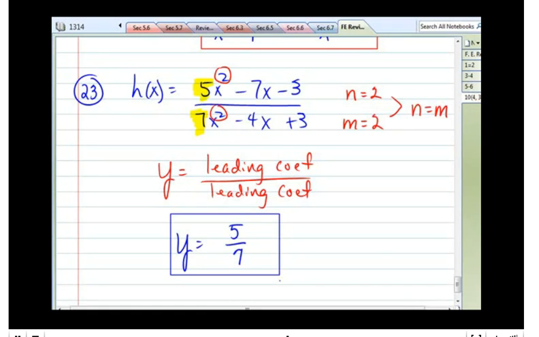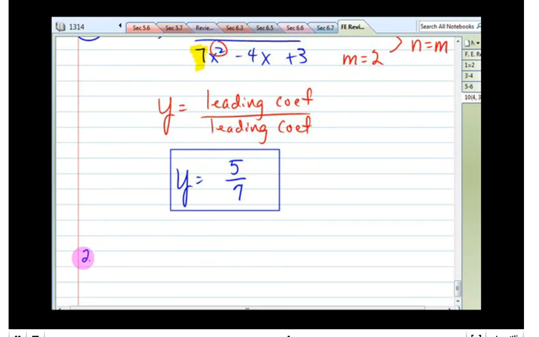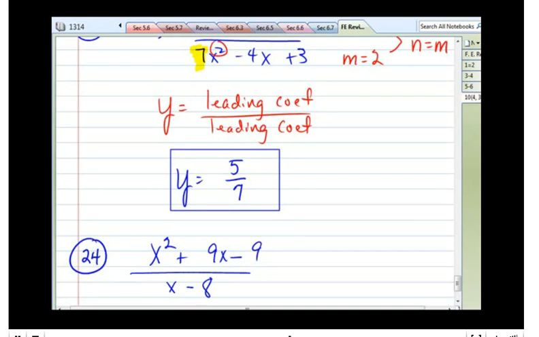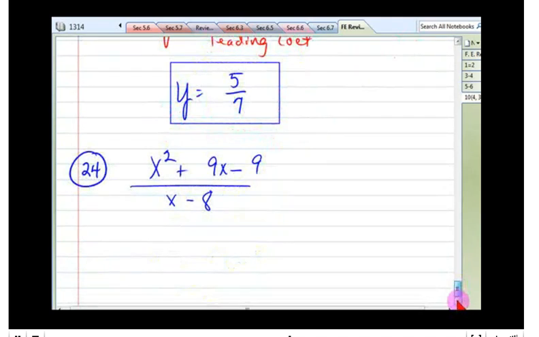So we've done a vertical, we've done a horizontal, and now we have to do a slant. And 24, what do you do for a slant one? You've got to use synthetic division, or you could use long division, but I would say use synthetic. Let's do synthetic division and divide this by this. So that means we're going to have a 1, a 9, a -9, and we're going to divide by what? 8.